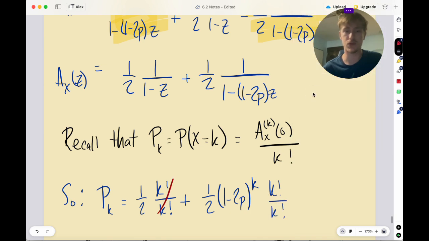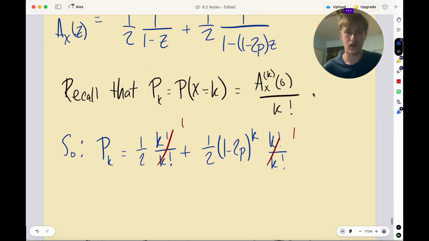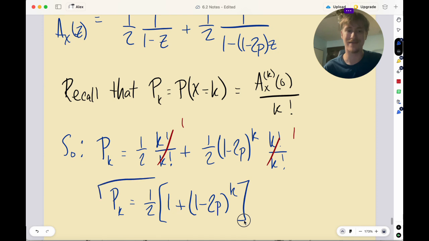Again, thankfully, these are both 1. So finally we get that p_k, after factoring a 1/2 out, is 1/2 times 1 plus 1 minus 2p all to the k, which agrees with the answer that we got last time.